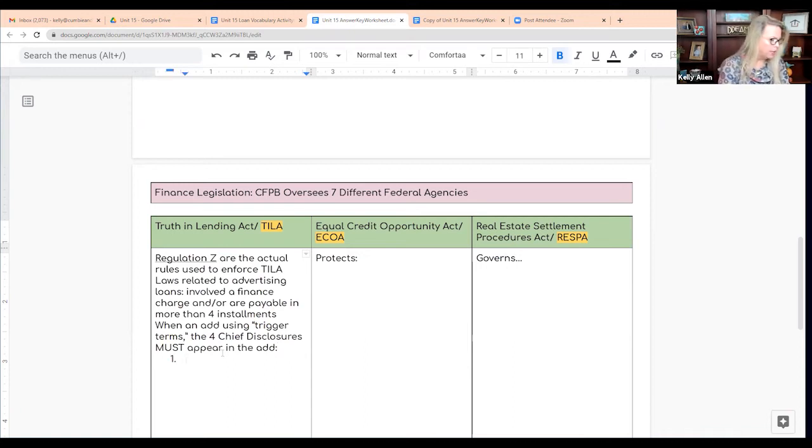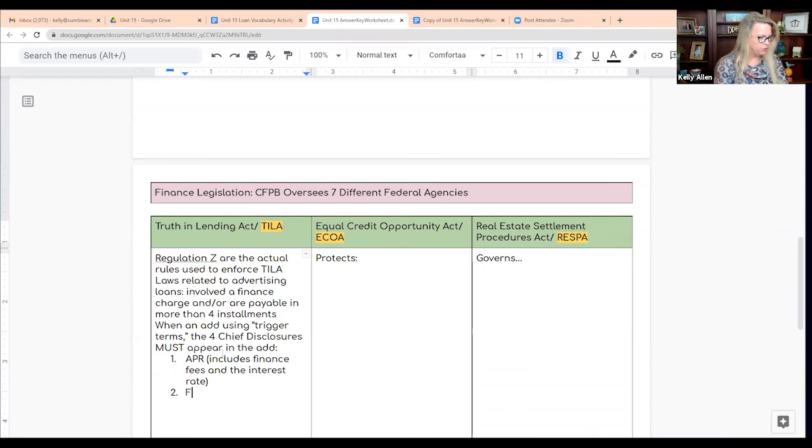Number 1, the APR, which is the annual percentage rate. That is not the interest rate. The annual percentage rate includes finance fees and the interest rate. So the APR is usually a smidge higher than the actual interest rate that's quoted. So that's 1, the APR.